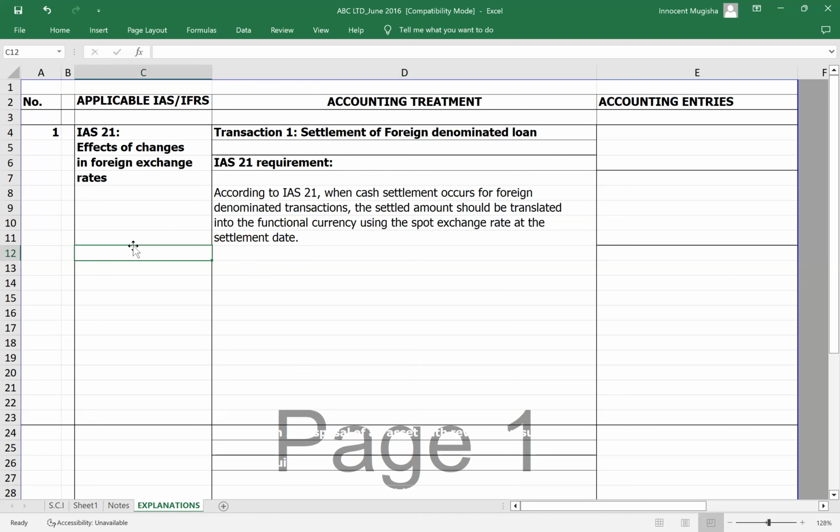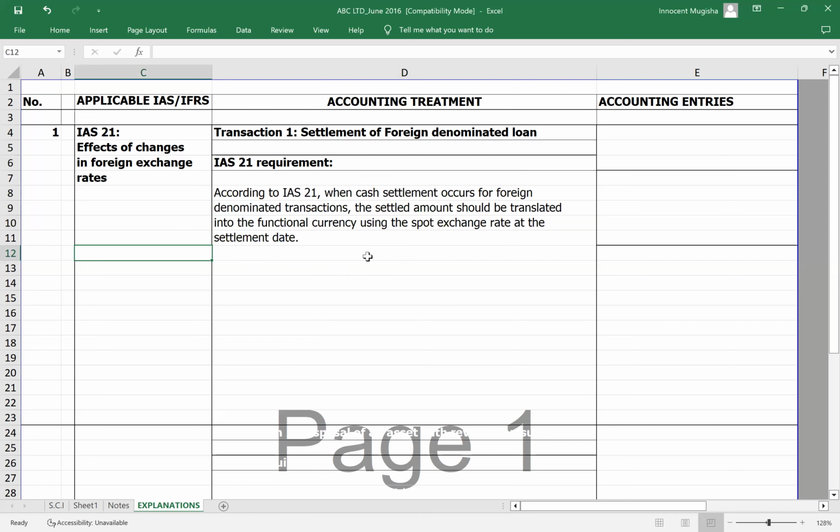So this is how you do it before you apply the standard. Mention the provision or the requirement of the standard that you're going to base on in determining your values to be taken to the financial statements.